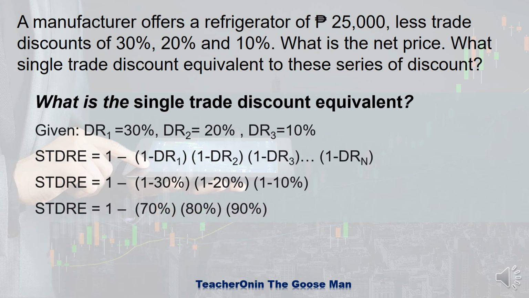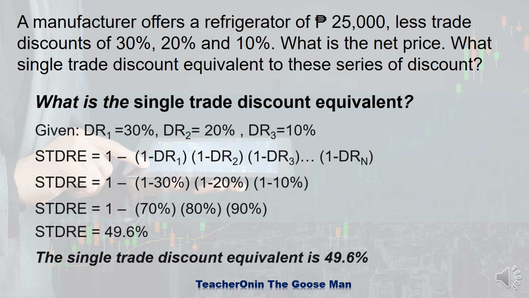So we have here 1 minus the product of 70%, 80%, and 90%. Using our calculator, the single trade discount rate equivalent is 49.6%. So the single trade discount equivalent is 49.6%.